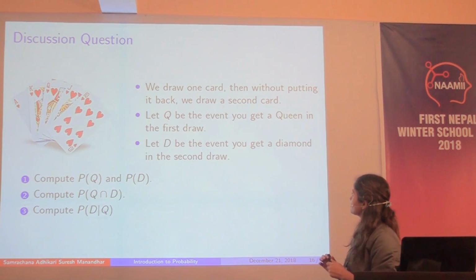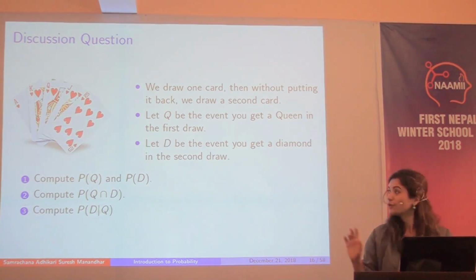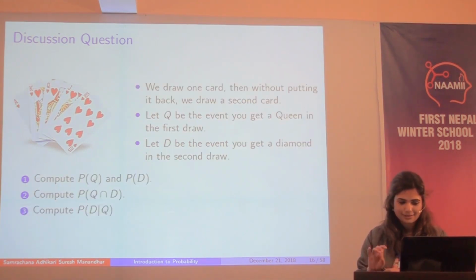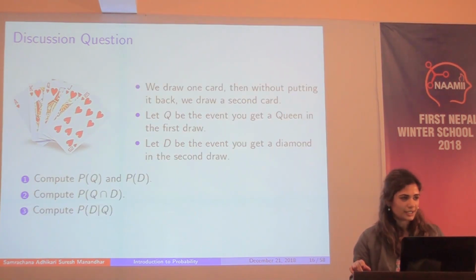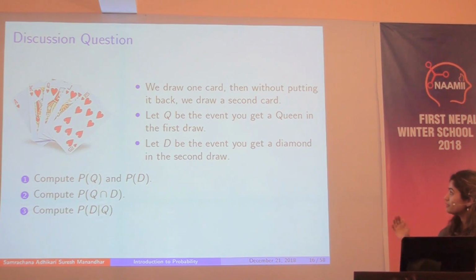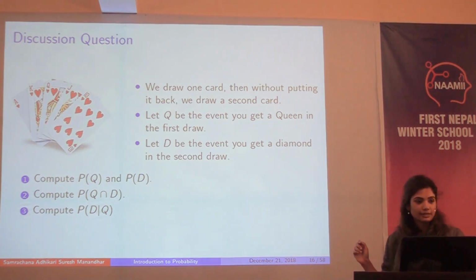Okay, so now we'll go to the second discussion question. Here we're drawing twice in this example. We draw one card, and then without putting it back, we draw a second card. So Q is the event that you get a queen in the first draw, and D is the event that you get a diamond in the second draw.